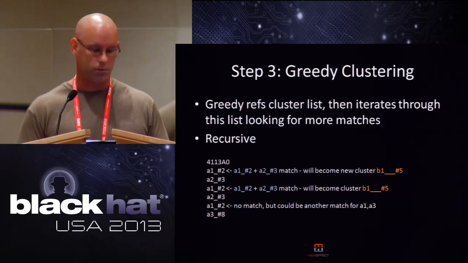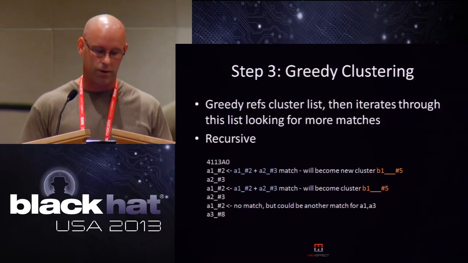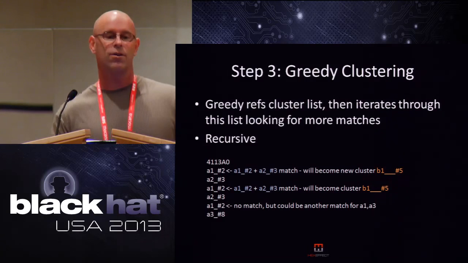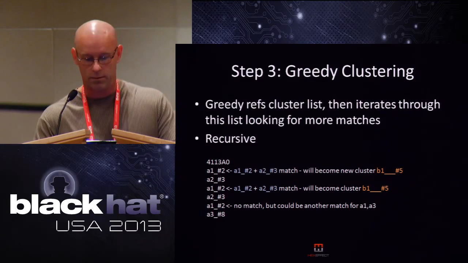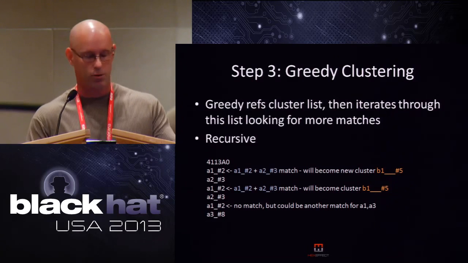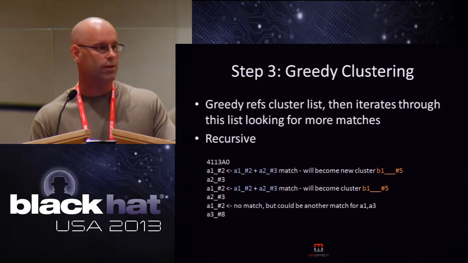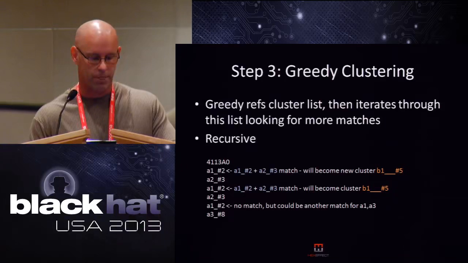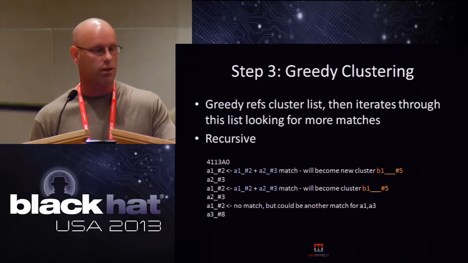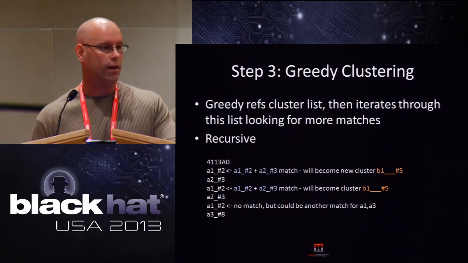And in this case, it is, directly underneath it. So I have a new cluster, which is round 2, B1, and then pound 5. Pound 5 being 2 instructions and 3 instructions. Simple addition. Now I've got my 5 instructions underneath, right? And this just repeats until, again, it can't find any more.